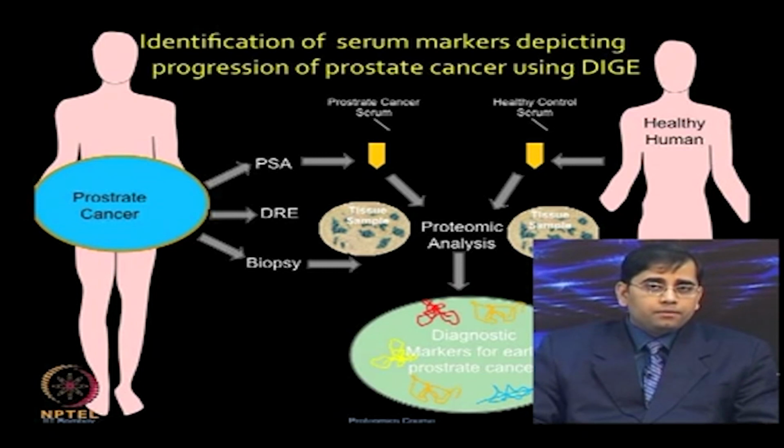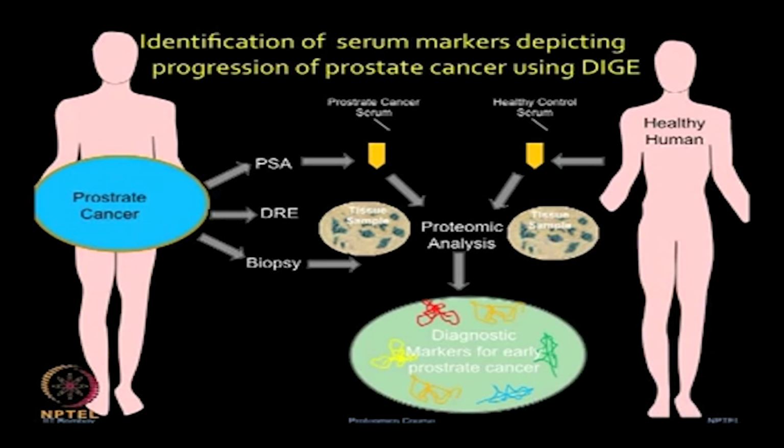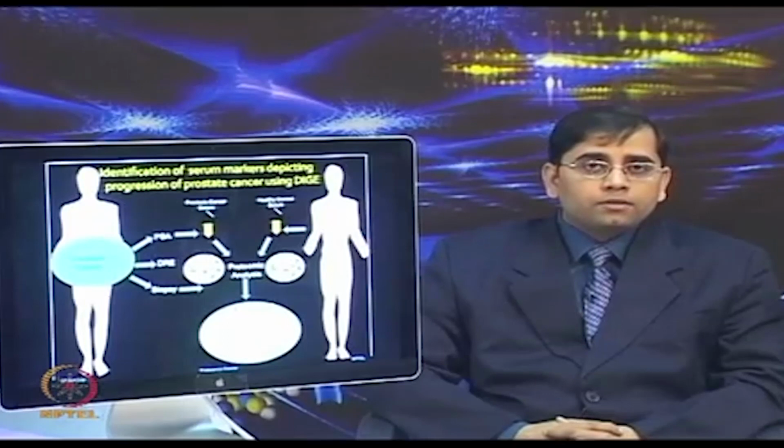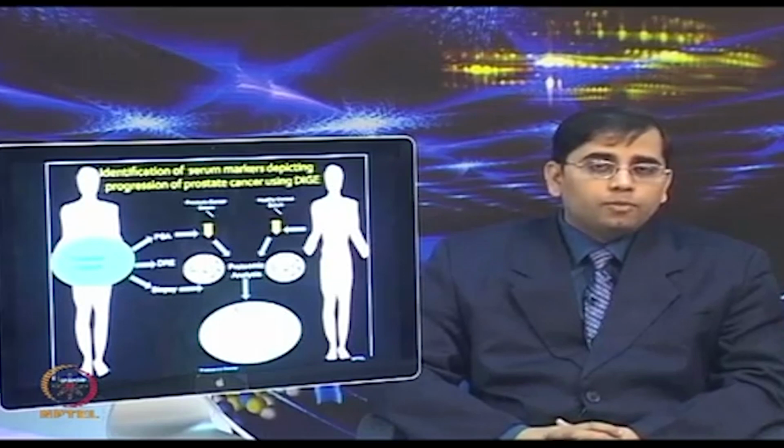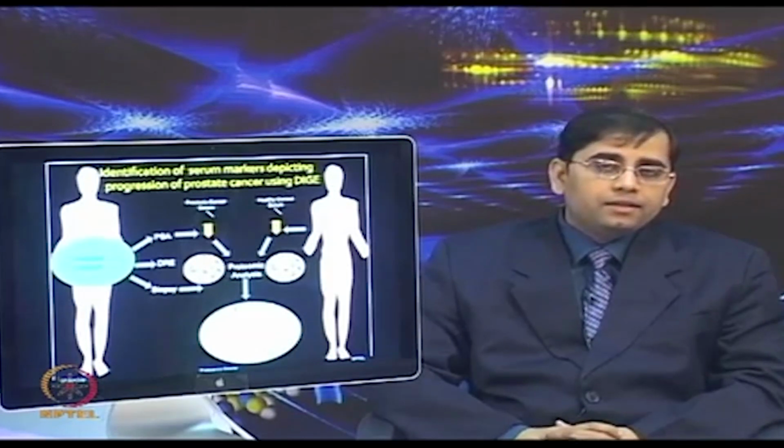PSA is a very sensitive marker, but there is a lot of discussion on the reliability and specificity of PSA for prostate cancer, the reason being that the level of PSA is also high in benign prostatic hyperplasia or prostatitis. So, there is a lot of discussion whether one should rely only on PSA for detection of prostate cancer. This study aimed to identify some new markers in prostate cancer by studying the serum proteome.